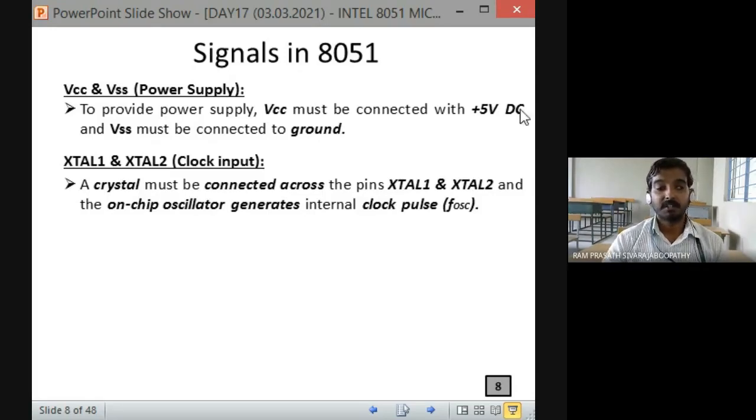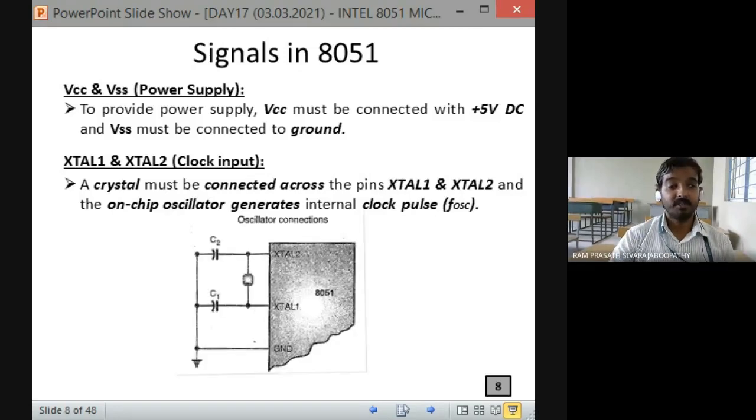The frequency of internal clock pulse we are going to call FOSC. So the operating frequency of 8051 microcontroller, we can call it FOSC. Here we don't have a clock divider. In the case of 8085 microprocessor, we have a clock divider, but here we don't have such things.